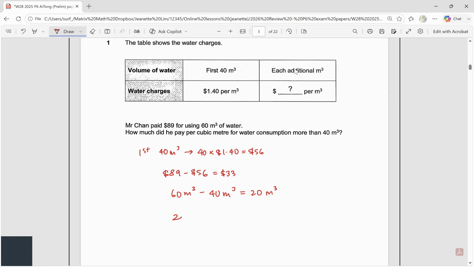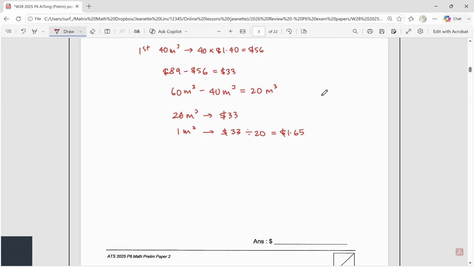So if 20 cubic meters is $33, he paid $33 for that, then 1 cubic meter would be 33 divided by 20, which is $1.65. So every 1 cubic meter is $1.65. There's also what it means when I say per cubic meter: for every 1 cubic meter.